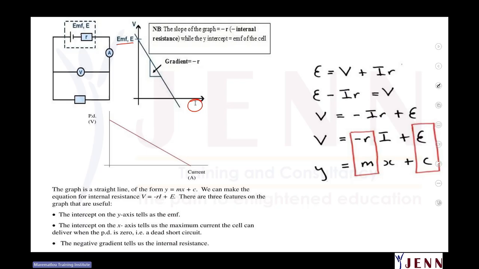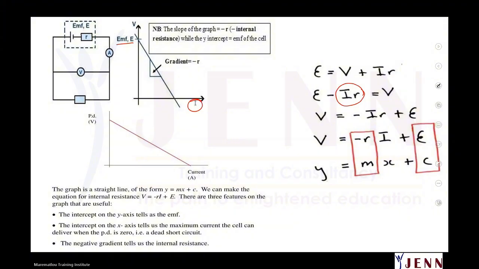From the formula that we have been talking about, that is the terminal potential difference. We are now rearranging it such that the terminal potential difference becomes the function, our Y, with internal resistance and EMF. EMF subtracting the internal circuit will give us the potential difference of the external circuit.